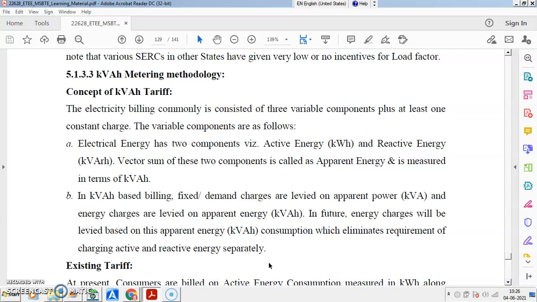So 90 into 24 into 30, that will be your kVAh units. Accordingly the charges will be applied.